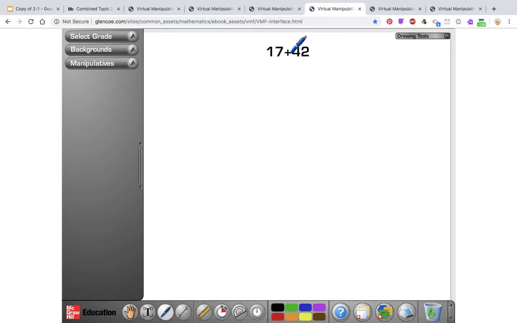So I know that in order to make the next group of 10 for 42, if I choose to try and make that one into a group of 10, I'm going to need 8 more. So I'm going to take 8 from the 17, which means that I would have 9 left.